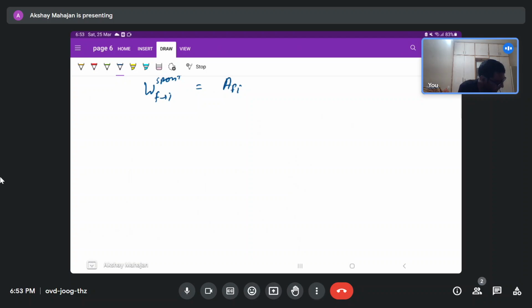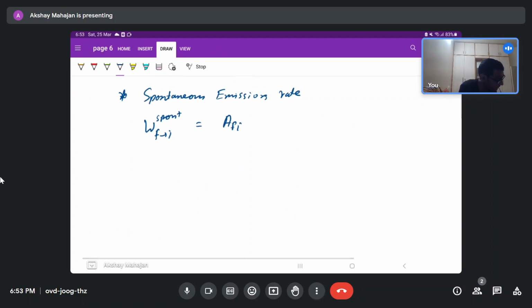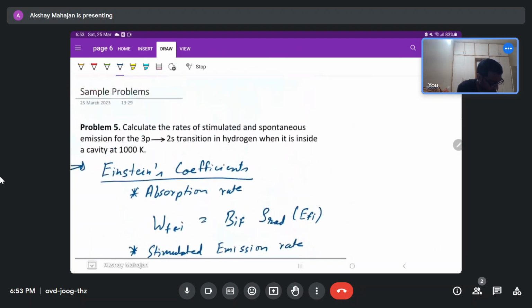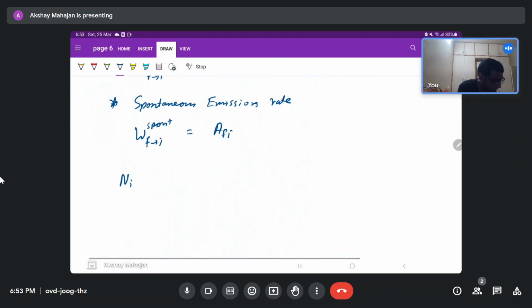Initially, if Ni is the number of particles in state I, then they are decreased by B_IF times rho radiation, which is the absorption rate.